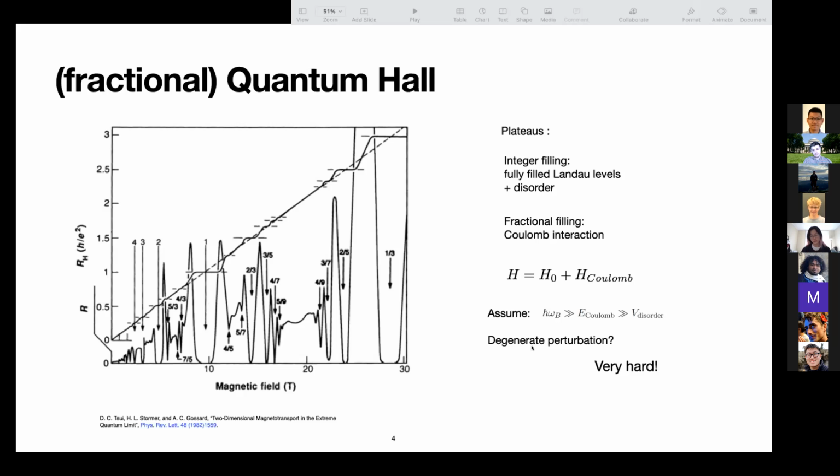We are taught to do perturbation theory in our grad courses, but notice that if we have a fractional filling, the degeneracy of the ground state of H0 is huge. So it's a very hard problem to do degenerate perturbation theory.